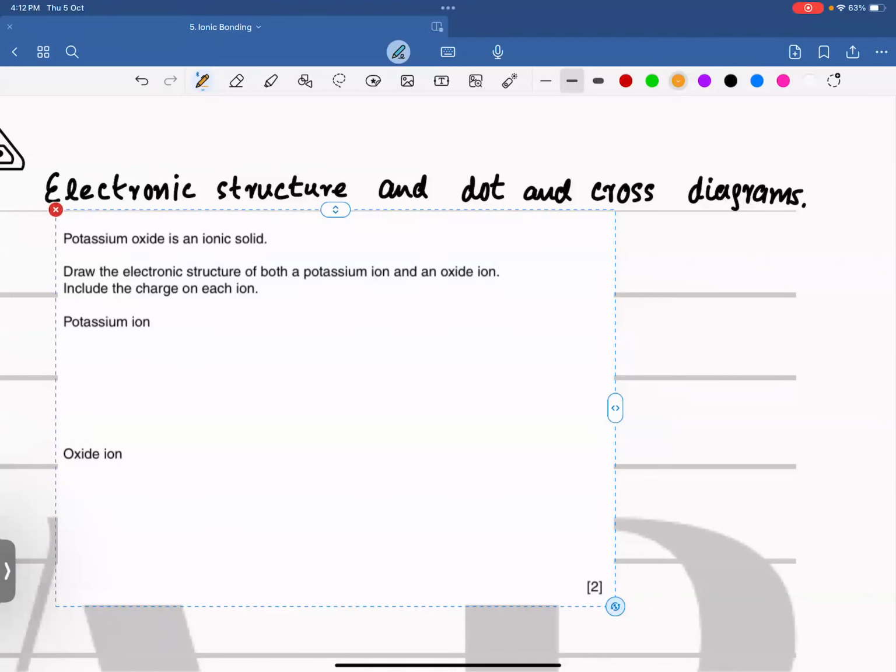It's a +1 ion, right? So what will it do? It will lose the electron itself.